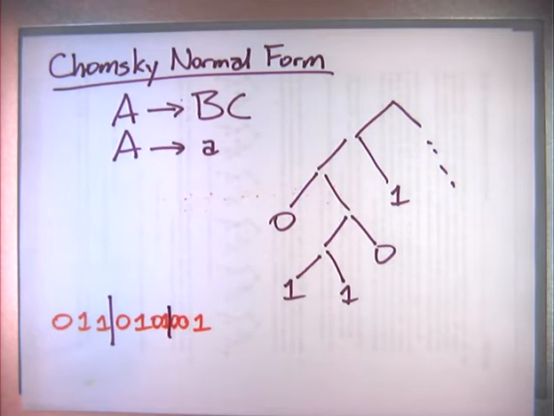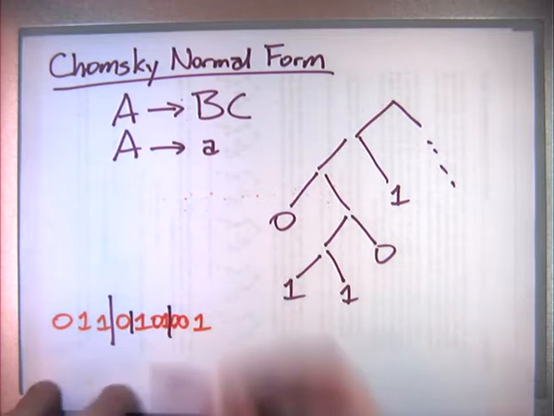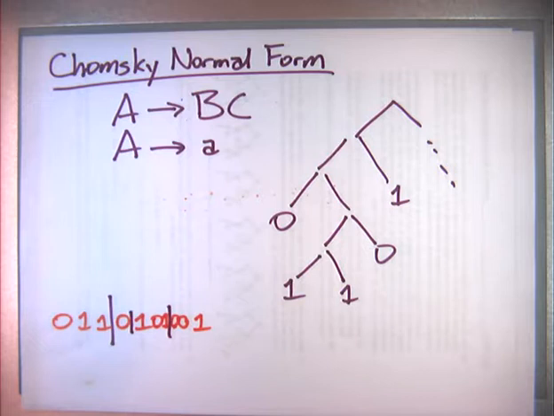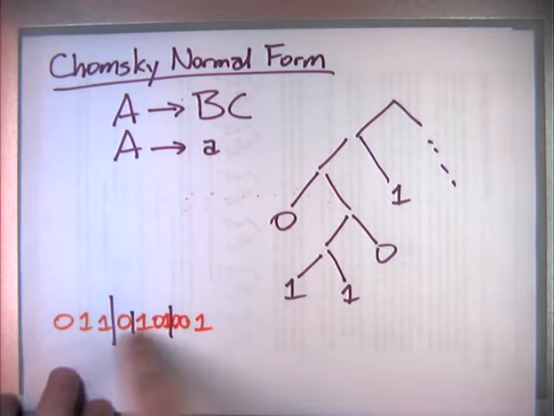And then the string in the middle, I'm going to break up into its own prefix and suffix, and so on. What this means is that the string that I'm going to be passing down to my recursive children is always a substring of the string that I started with. It's not necessarily a prefix, and it's not necessarily a suffix. It's just something in the middle.